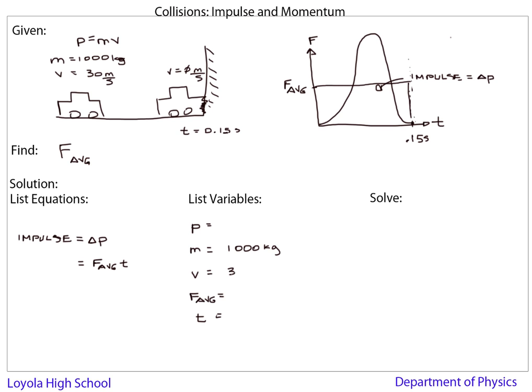This is 30 meters per second, which, if you double it, is roughly, not quite exactly, about 60 miles an hour. I don't know the momentum, but I can easily find that. And I don't know the average force, I'm trying to find that. But I do know the time of the collision is 0.15 seconds. So, how do we do this?